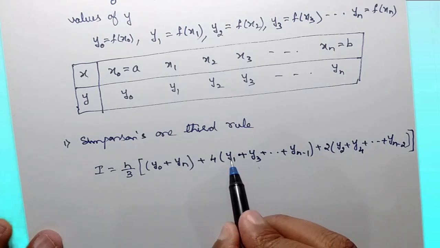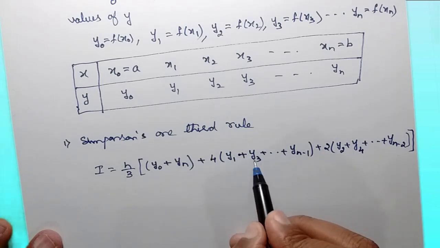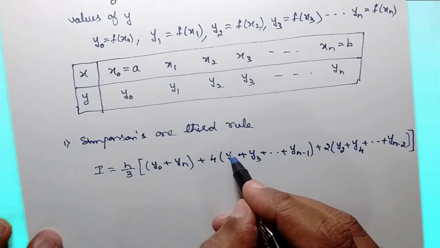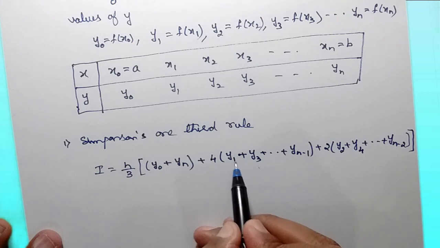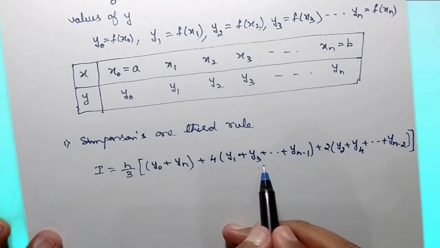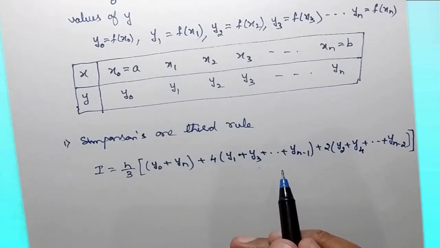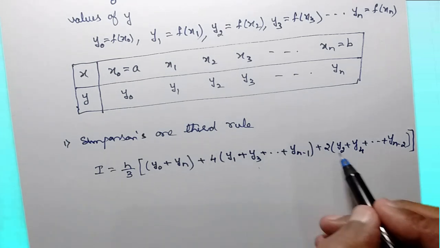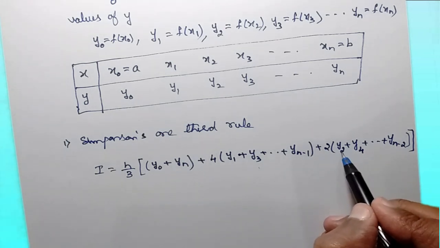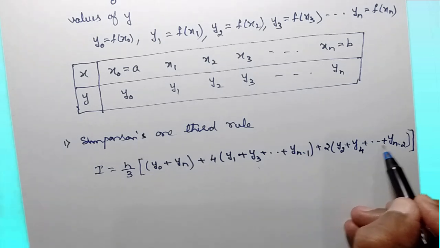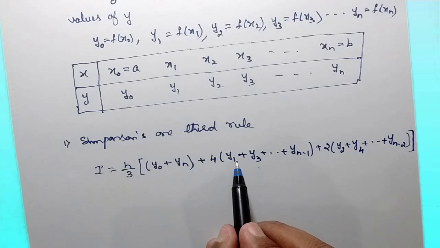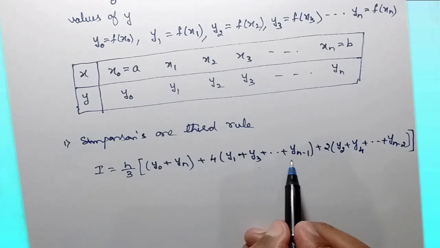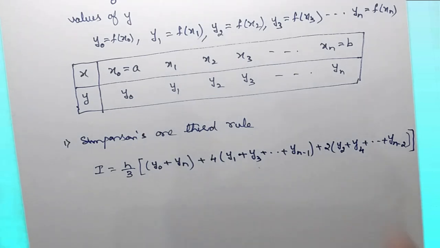If you look at the subscript values here, the subscripts are odd numbers: 1, 3, 5, 7, and so on. Here, with 2 times, the subscript values of y are 2, 4, 6, and so on, so even subscripts, and here the odd subscripts. Just a technique to remember the formula.